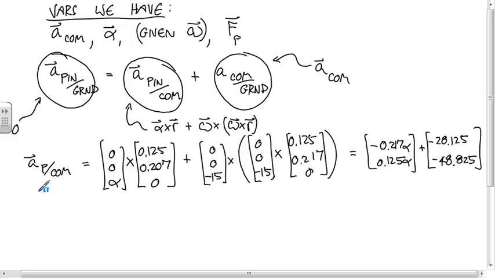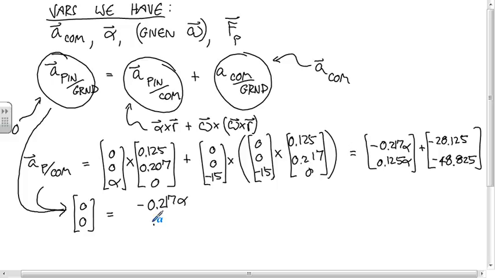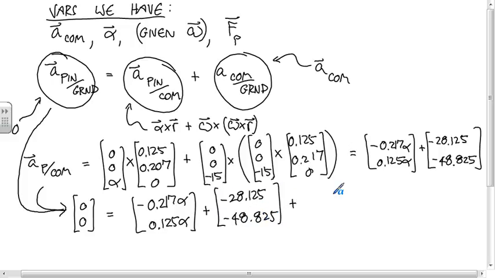So now we're going to take this and put it back into this relative motion equation, and we get that 0, 0 is equal to negative 0.217 alpha, positive 0.125 alpha, plus negative 28.125, negative 48.825, plus a COMX, a COMY.